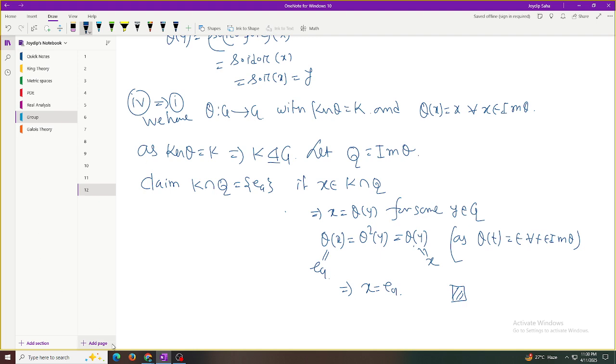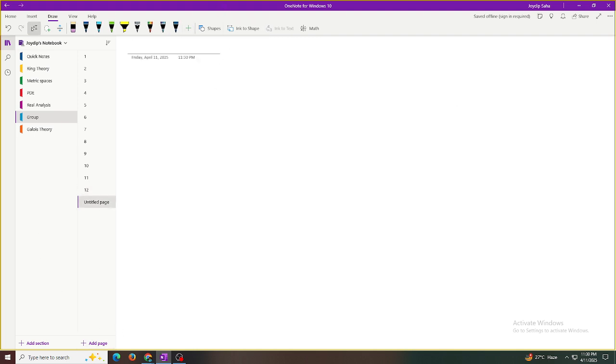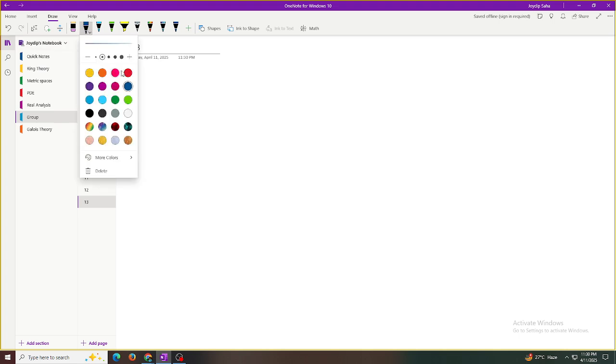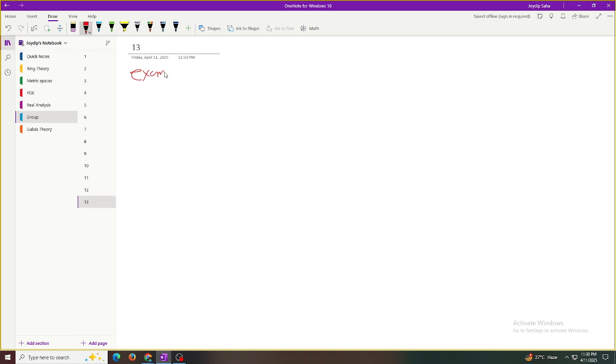Example. Sn is a semi-direct product of An by Z2.